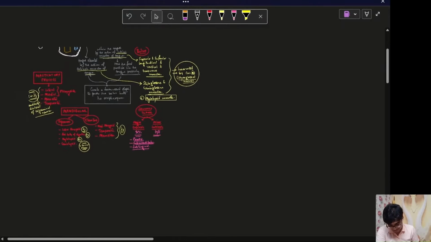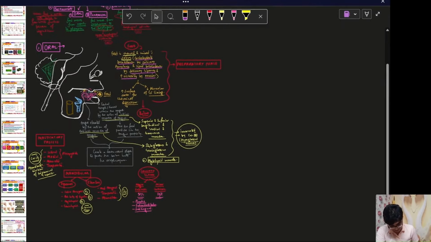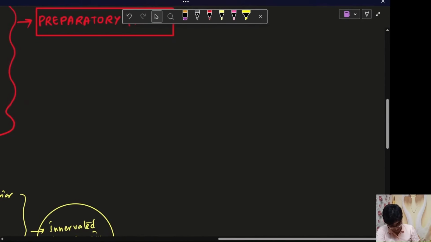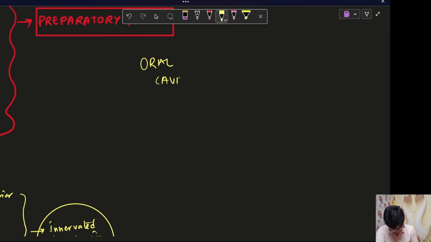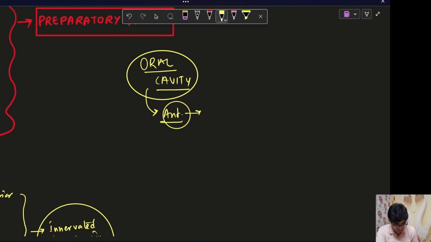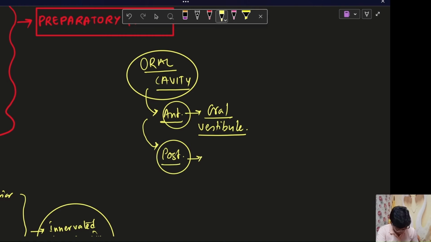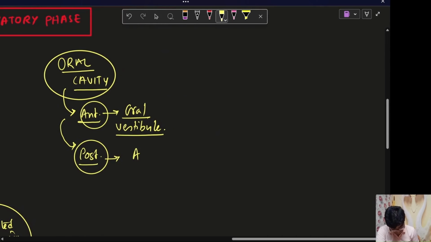Now, lastly, in this part only, I would like to discuss some part of the oral cavity. So, the oral cavity. The anterior most part of the oral cavity is the oral vestibule, whereas the posterior most part or posterior boundary for this oral cavity is nothing but the anterior pillar.